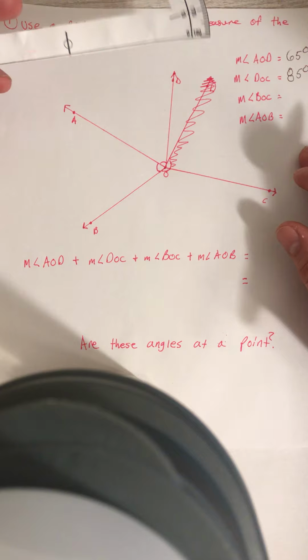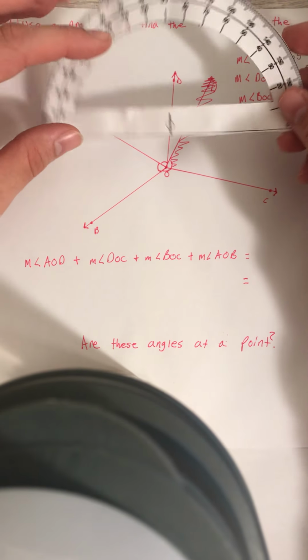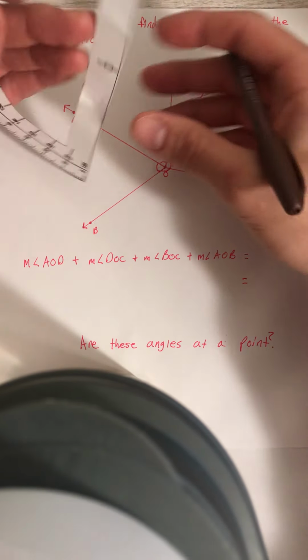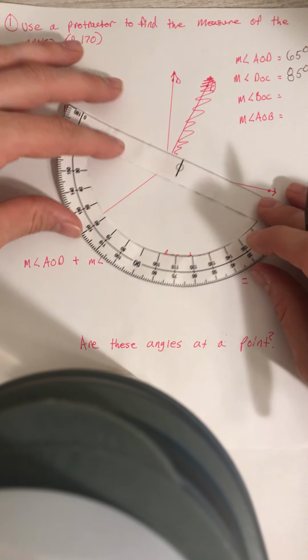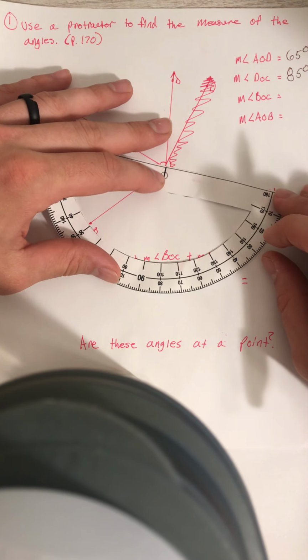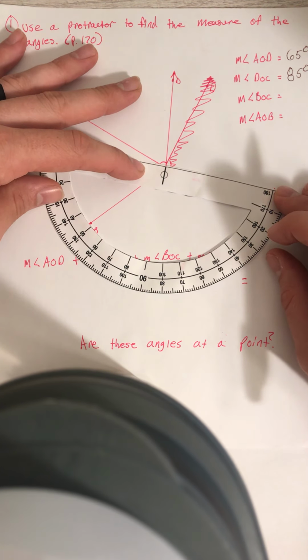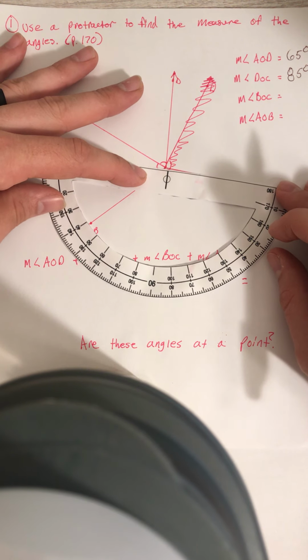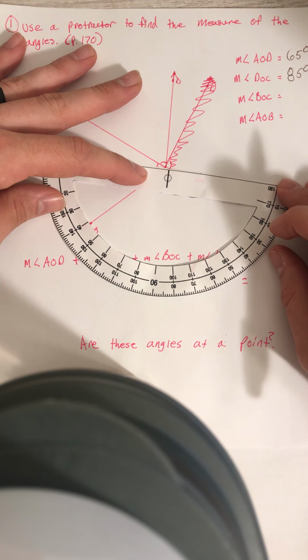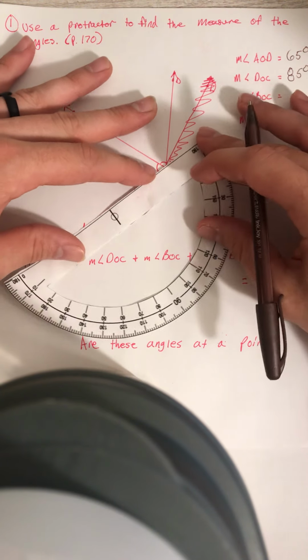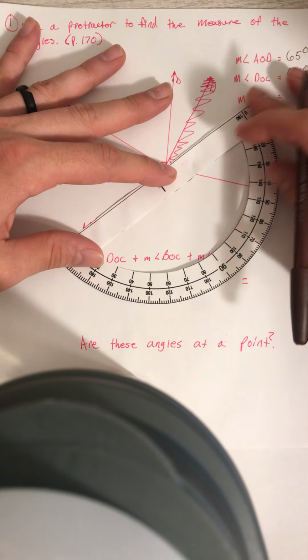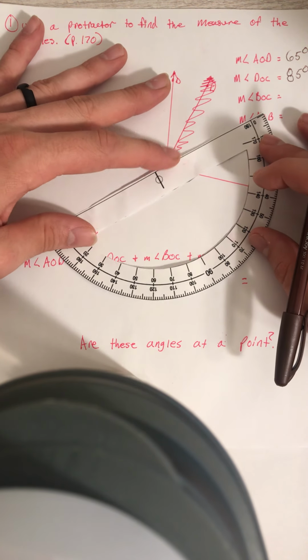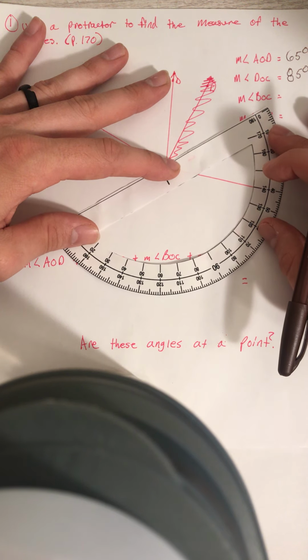I'm going to do the same for BOC, and I'm only going to do this one way this time. Flip it upside down. For angle BOC, it is going to be at 140, and maybe we'll just check it this way. I said I was only going to do one way, but I changed my mind. Gotta make sure we're on point here.